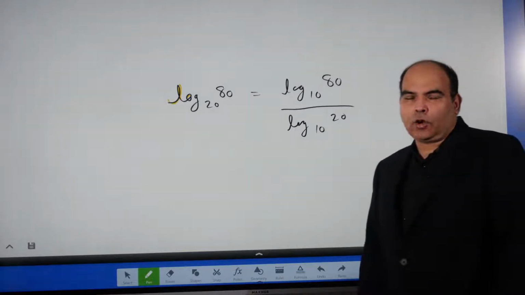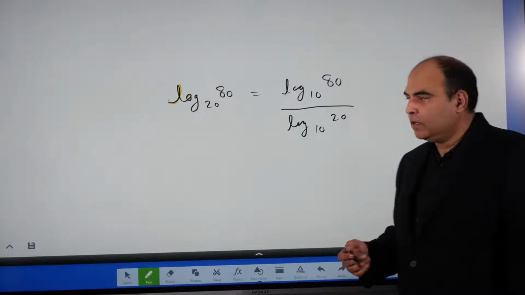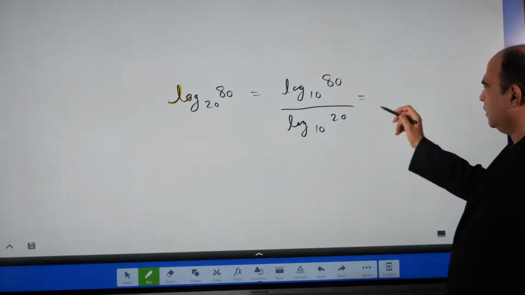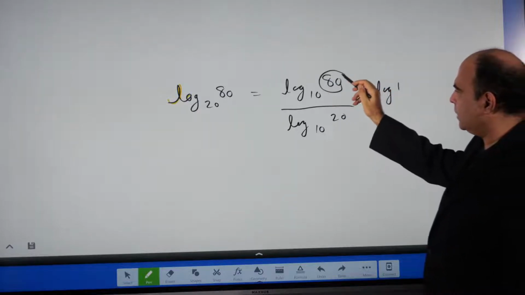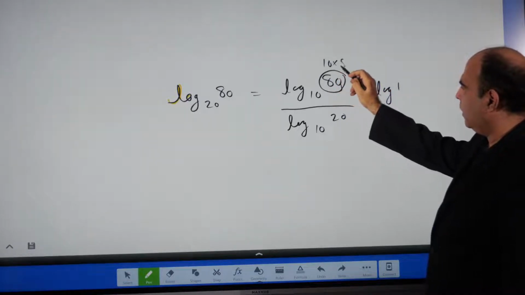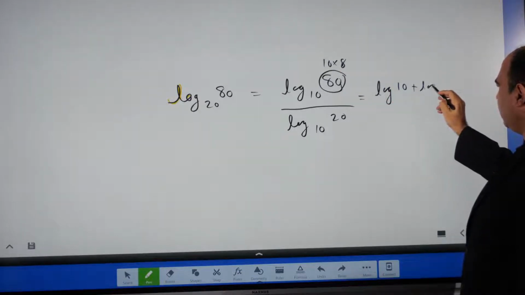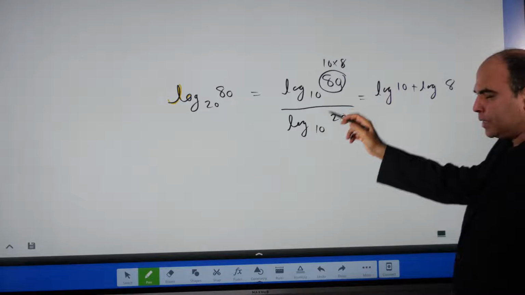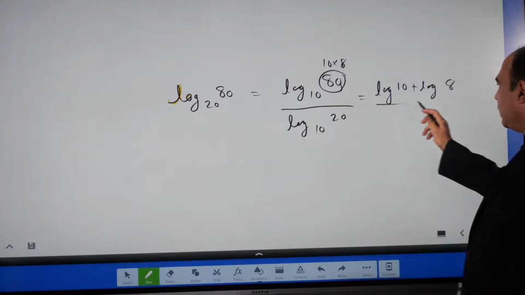And then I can see that 80 can be written as 10 into 8. Once I split 80 as 10 into 8, I can write this as log 10 plus log 8. I'm not writing the base because the base is 10 and you can get by without writing the base 10.